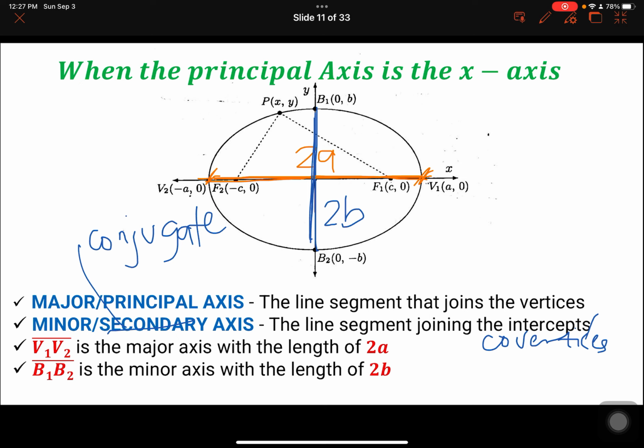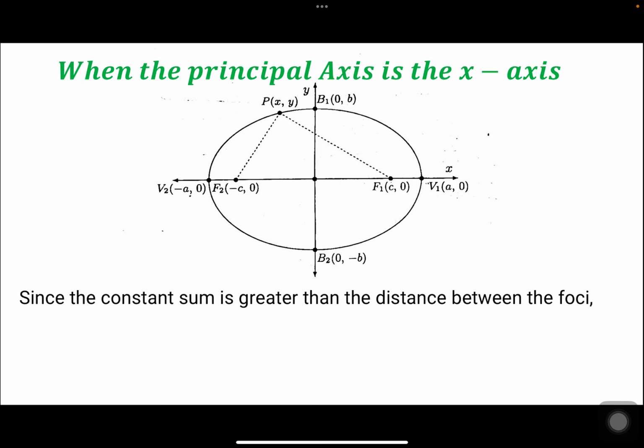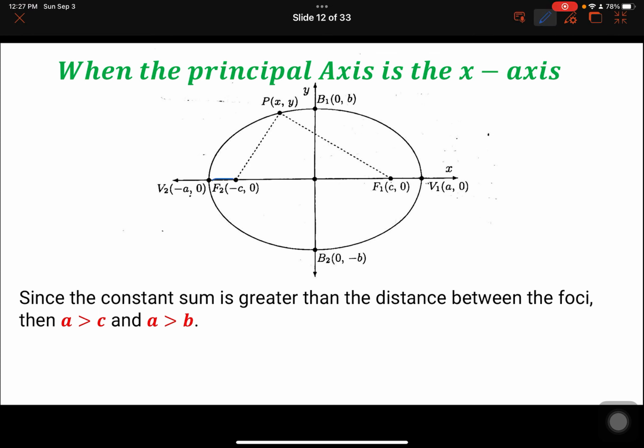Okay. Next. Since the constant sum is greater than the distance between the foci, so ibig sabihin, yung A, mas malaki dapat kay C, kung makikita nyo naman, and yung A, mas malaki din kay B. Tignan mo, ito yung buong A na yon. Ito lang yung C. Obviously, di ba mas mahaba yung A?